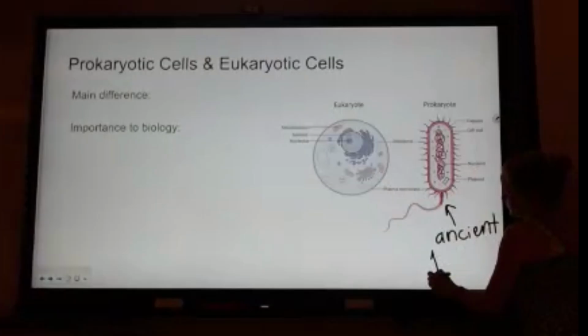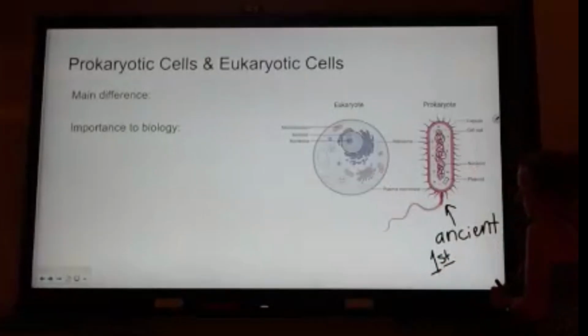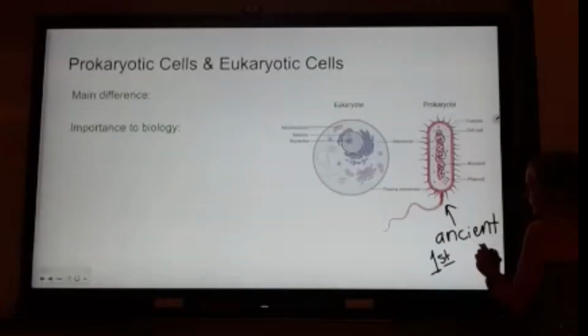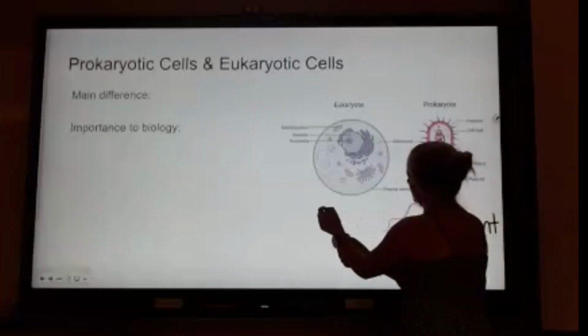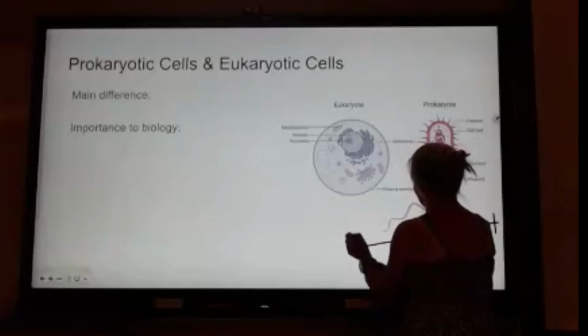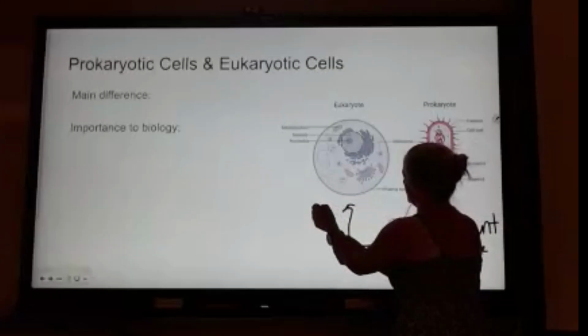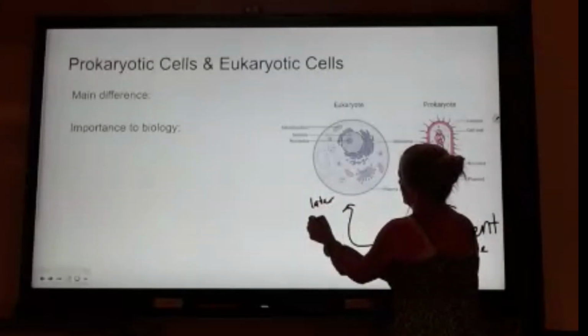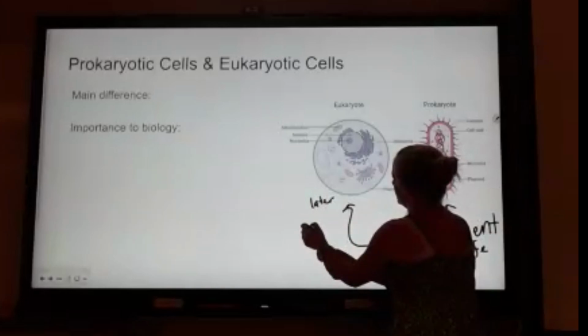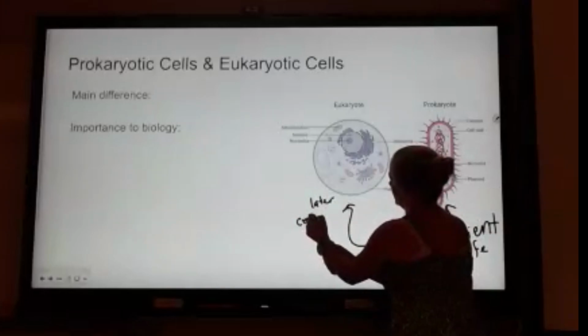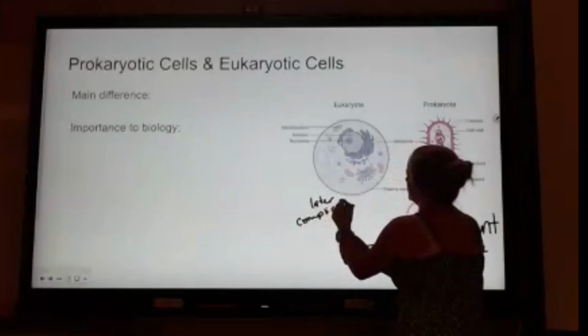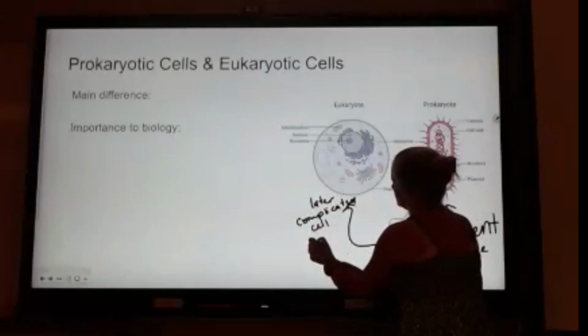We think that the first forms of life were probably prokaryotic cells or similar in structure and function to prokaryotic cells. And then later, eukaryotic cells evolved from prokaryotic cells. So these came later, and eukaryotic cells have a more complicated cell structure. Okay.